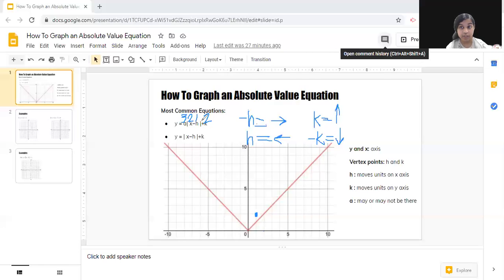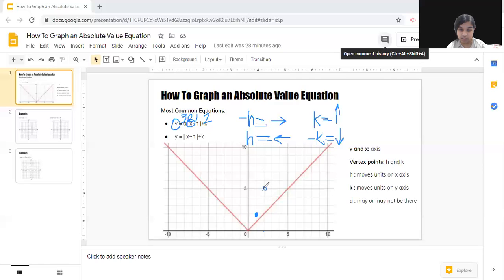So 2 minus 1 is 1, which the absolute value of 1 would be also 1. Then we multiply 3 from the 1, making it 3. Then 3 plus 2 is 5. This makes our y value to our x value 5. So we would be moving 2 units to the right and 5 units up.